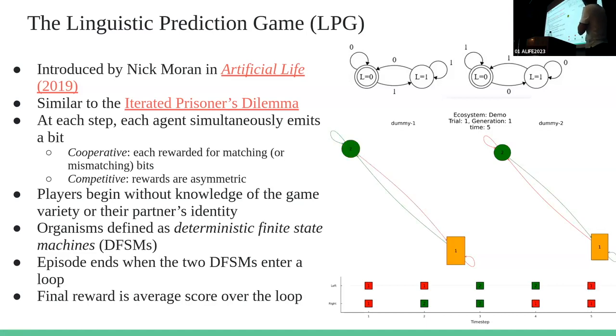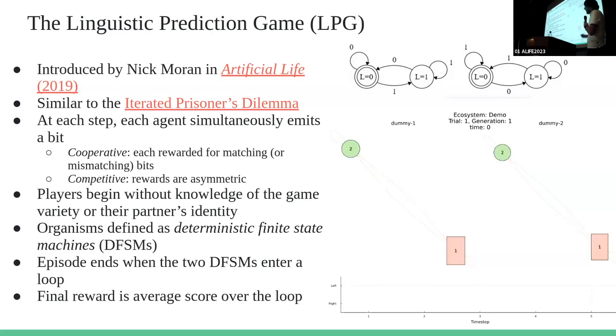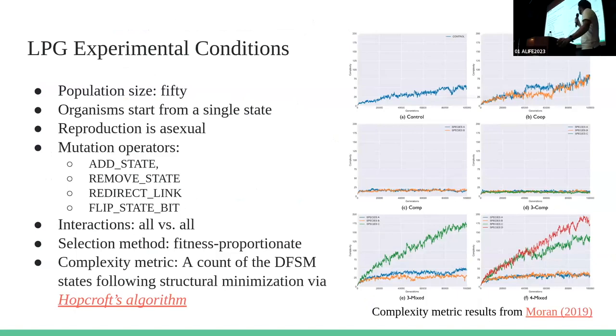When it's shaded, that indicates a state or link that hasn't been traversed yet. Starting at the beginning, you can see that trajectory of interaction building over time until a loop occurs when they both return to yellow on that first state. In this case, both would get a score of 0.5. The final reward is that average score over the loop, so we would be just looking at those steps right before that loop occurs.